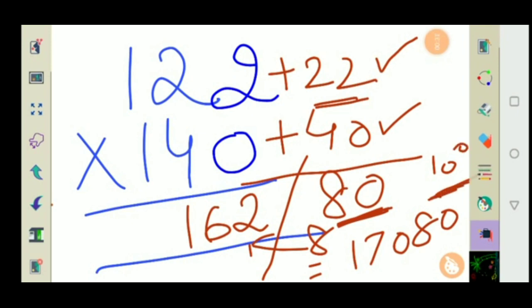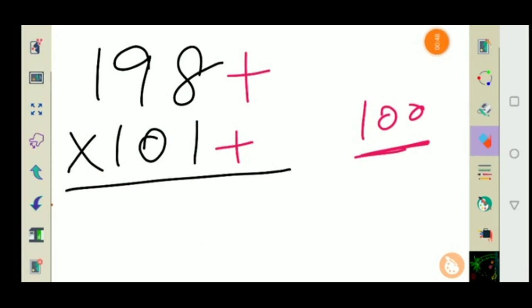And next step is same. Add 122 plus 40 or 140 plus 22, you will be getting 162/80, and this 8 will be added to 162. So our result will be 17080.